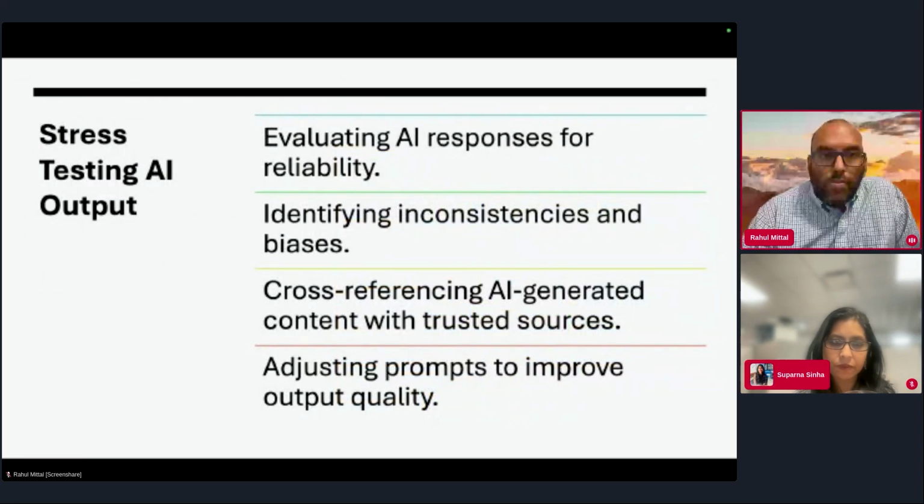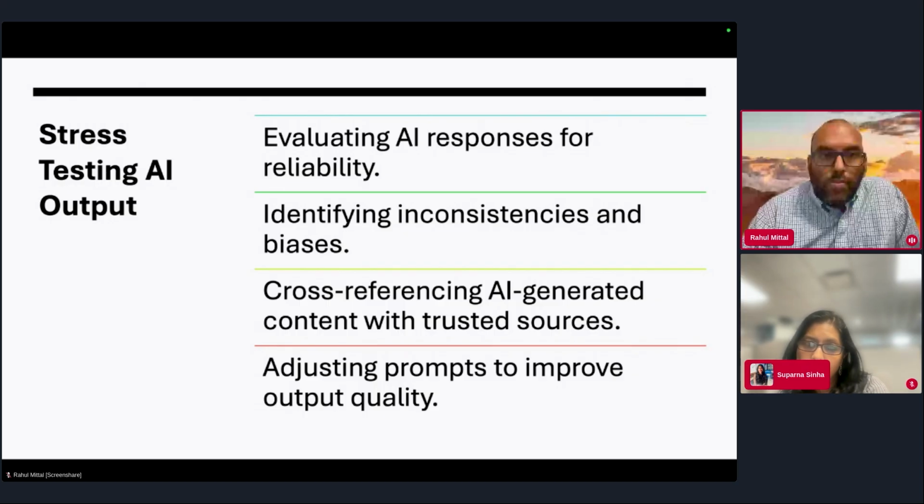And the important thing is, throughout the whole process, instead of just getting the students to use the large language model, we also introduced stress testing of the output, especially focusing on evaluating the AI responses for reliability.